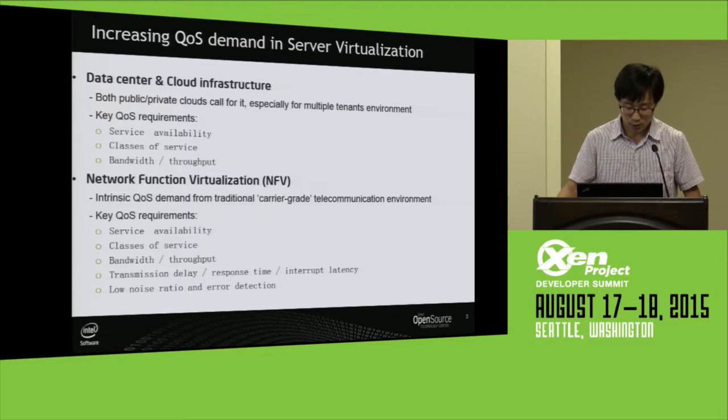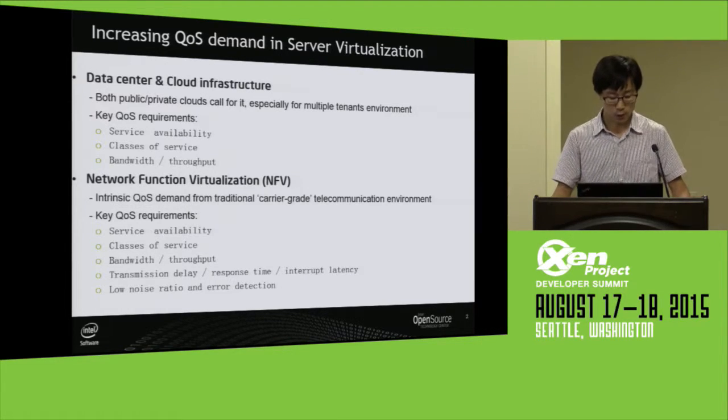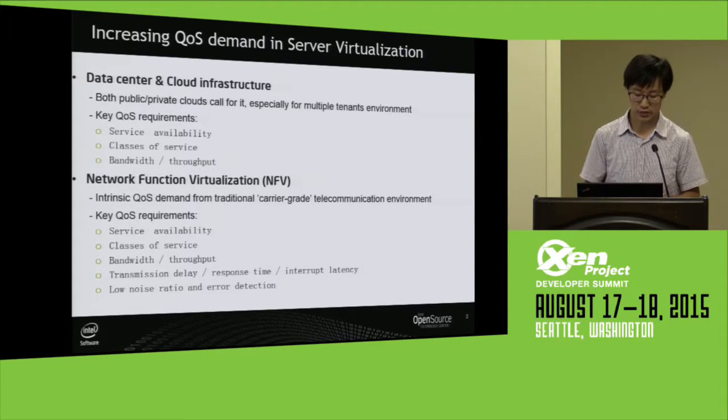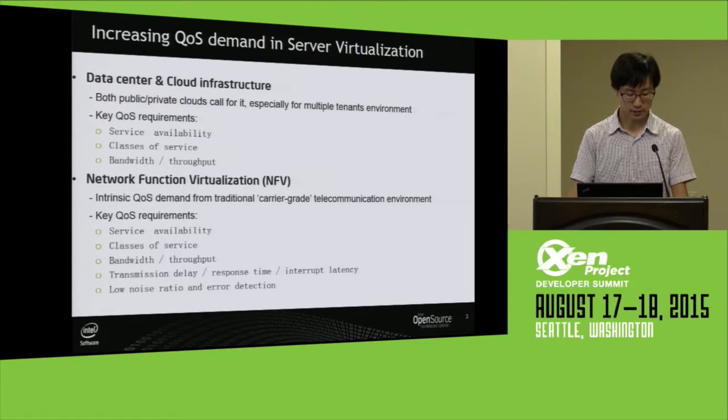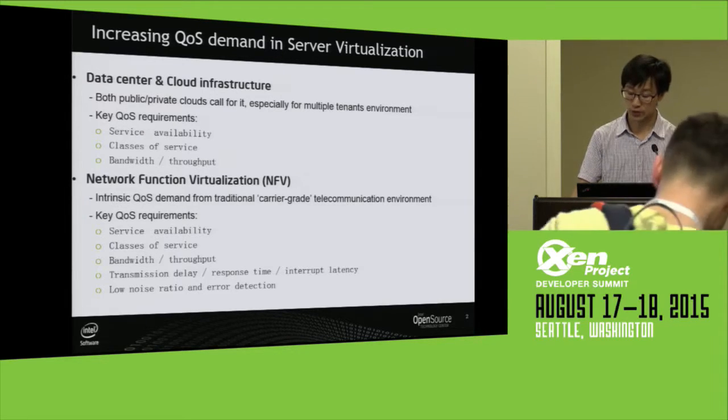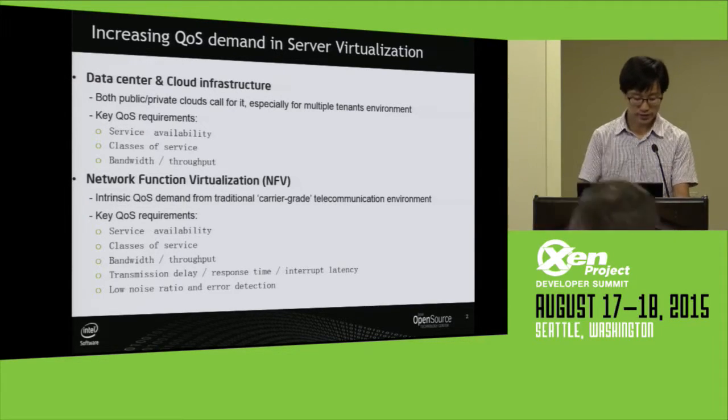Another typical usage model is network function virtualization, which migrates the traditional telecommunication services to a general virtualized platform to leverage the benefits of virtualization. So there's an intrinsic QoS demand for telecommunication services.